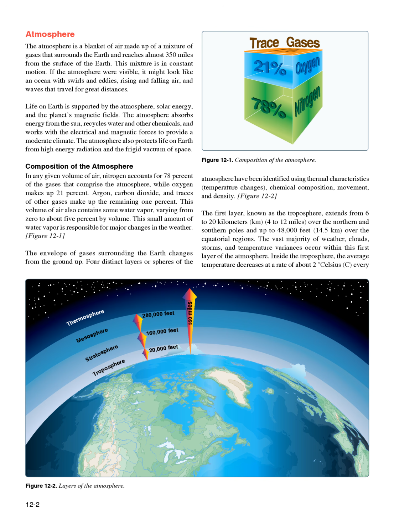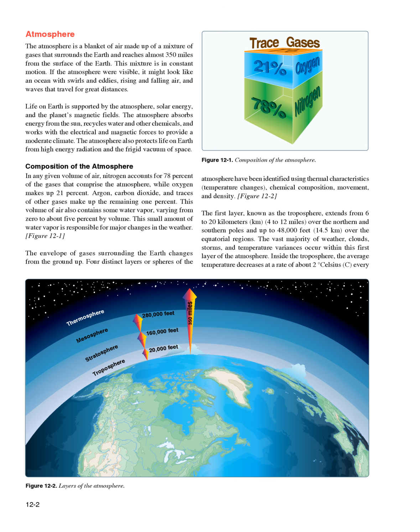4 distinct layers or spheres of the atmosphere have been identified using thermal characteristics, temperature changes, chemical composition, movement, and density. Figure 12.2. The first layer, known as the troposphere, extends from 6 to 20 kilometers (km), 4 to 12 miles, over the northern and southern poles and up to 48,000 feet, 14.5 km, over the equatorial regions.